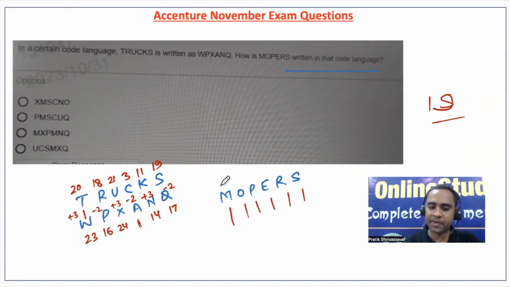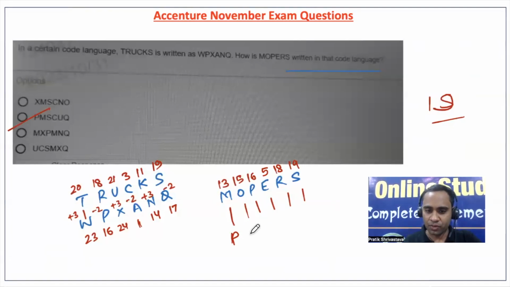Basically M is 13, O is 15, P is 16, E is 5, R is 18, and S is 19. Now 13 plus 3 will be 16. So 16 is P. Starting with P, there is only one answer. Minus 2: 13 is M, so PM.